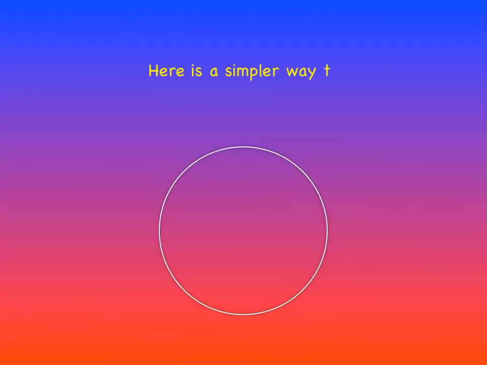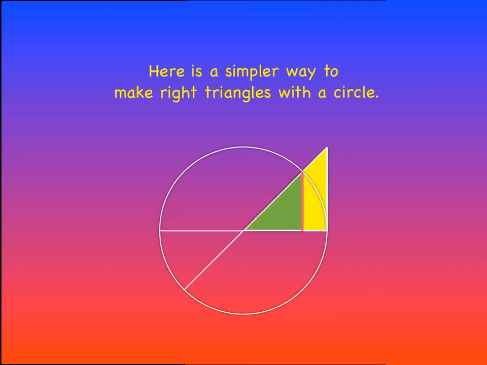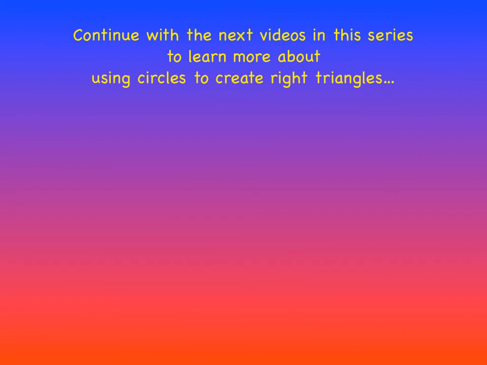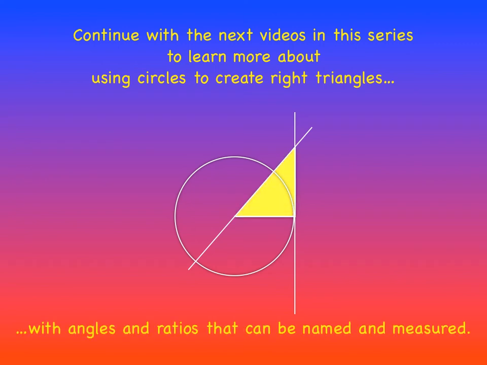Here is a simpler way to make right triangles with a circle. Continue with the next videos in this series to learn more about using circles to create right triangles. And they will have angles and ratios that can be named and measured.